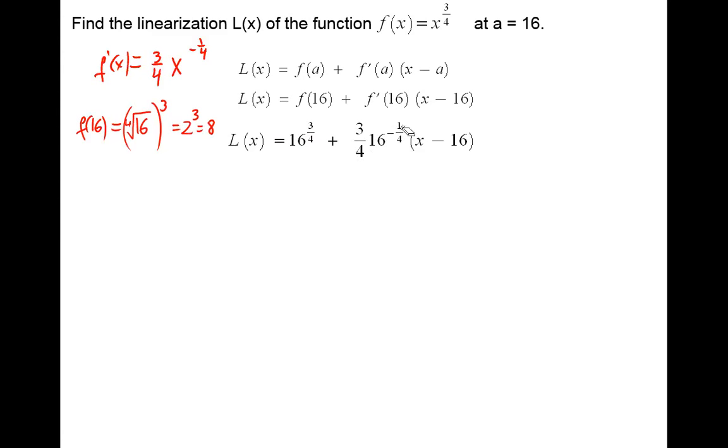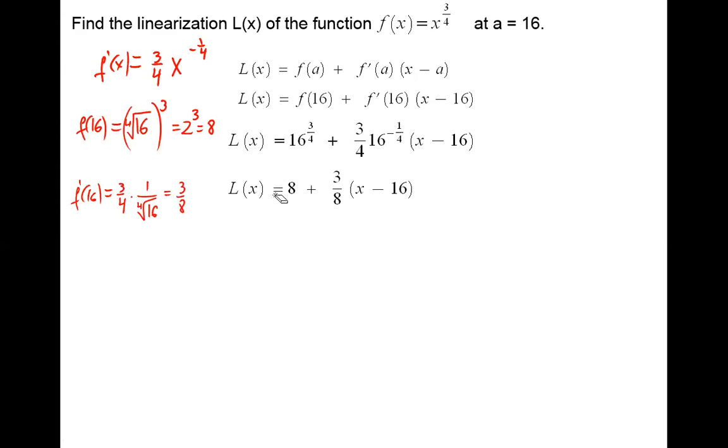The same arithmetic I can apply to the derivative. The derivative at 16 will be 3/4 times 16 to the negative 1/4, which means the 4th root of 16 in the denominator. The 4th root of 16 is 2. 2 times 4 is 8, so 3/8.